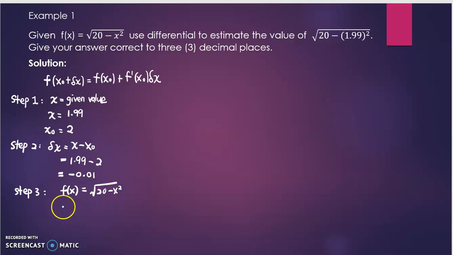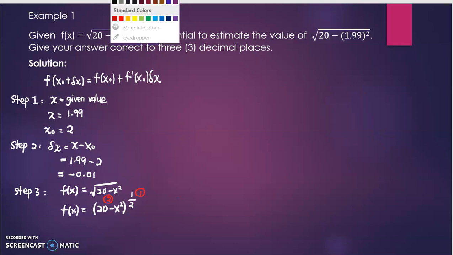The square root is also equal to the power of 1 over 2. Remember, here it is 1 over 2, it's not 2. Next, let me label: first, I will differentiate the index; second, I will differentiate the bracket.